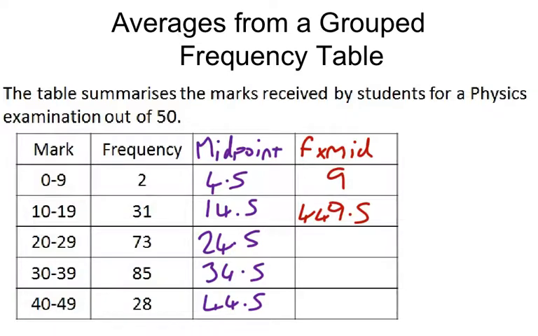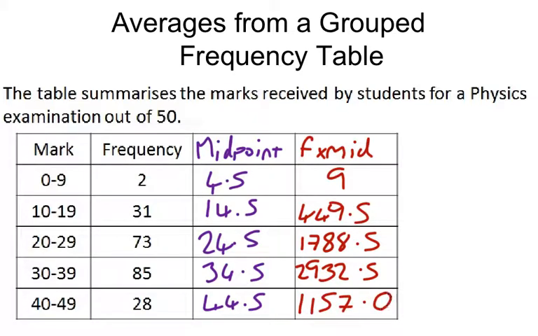For the 20 to 29 group we get 1788.5. For the 30 to 39 group we get 2932.5, and finally for the 40 to 49 group we get 1157.0. So what we've done is we've used the midpoint as an estimate for all the data in that group.